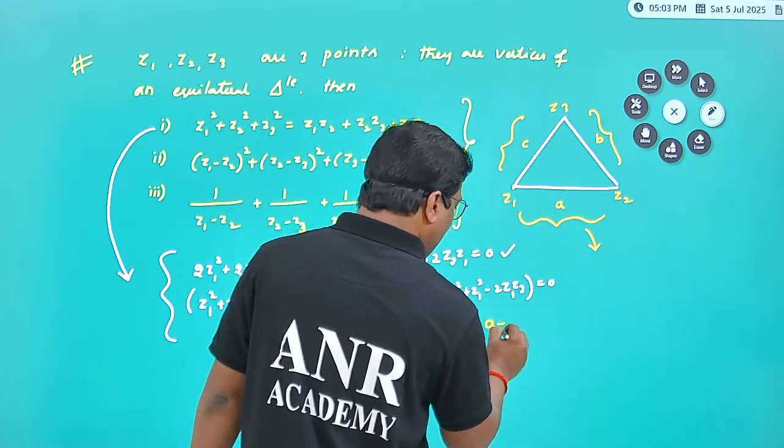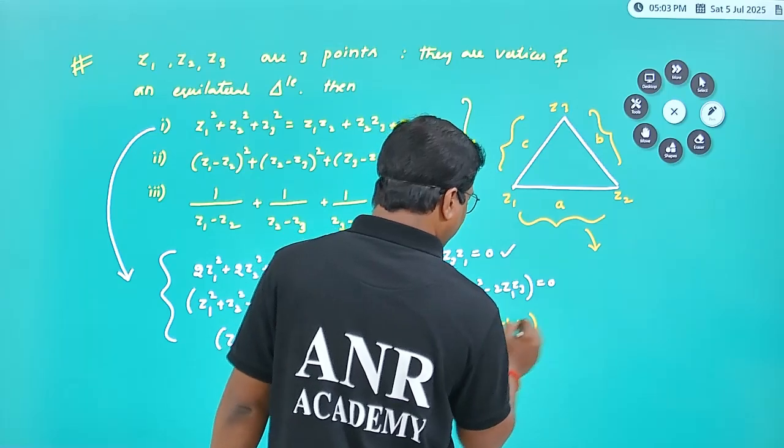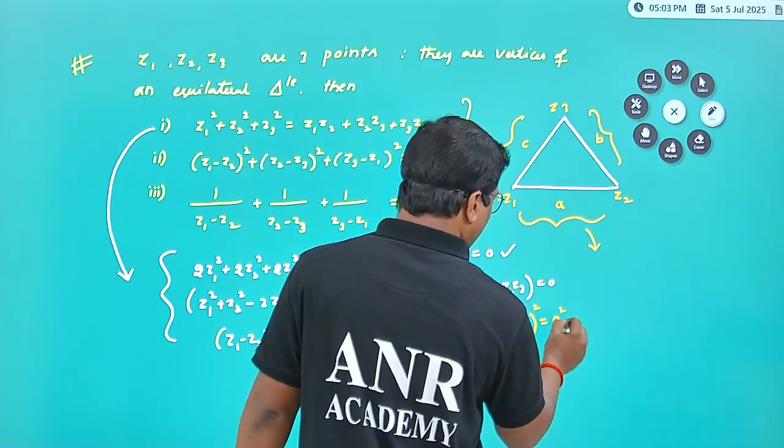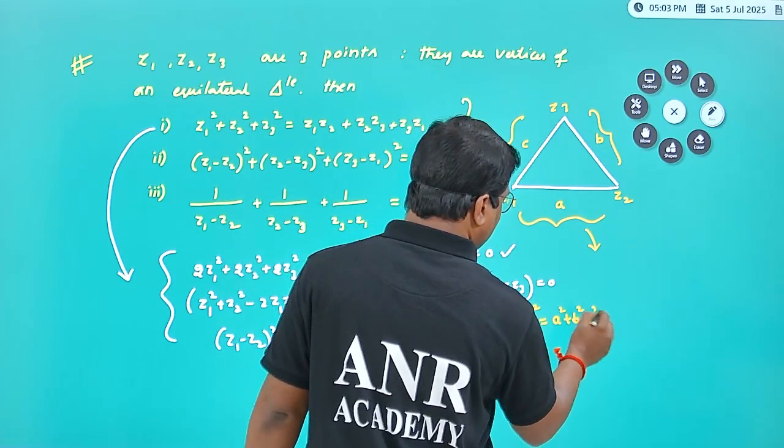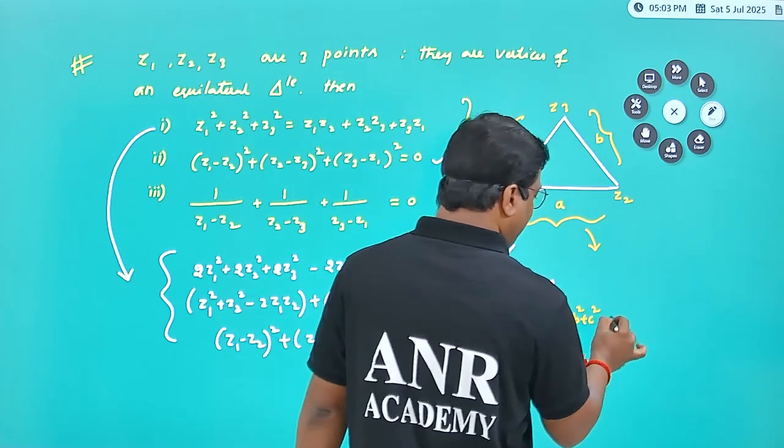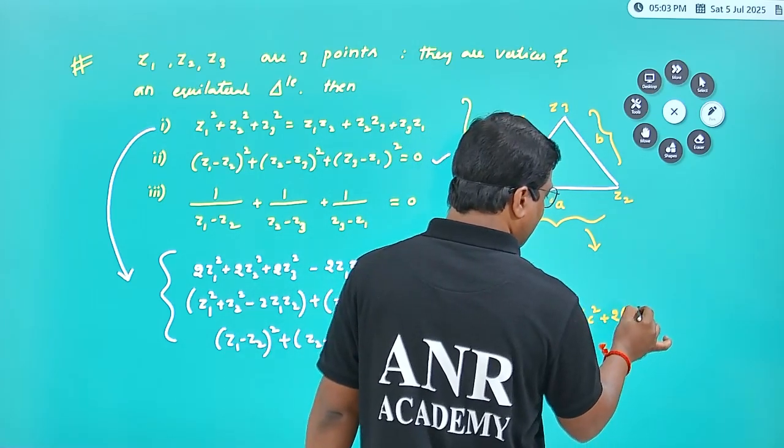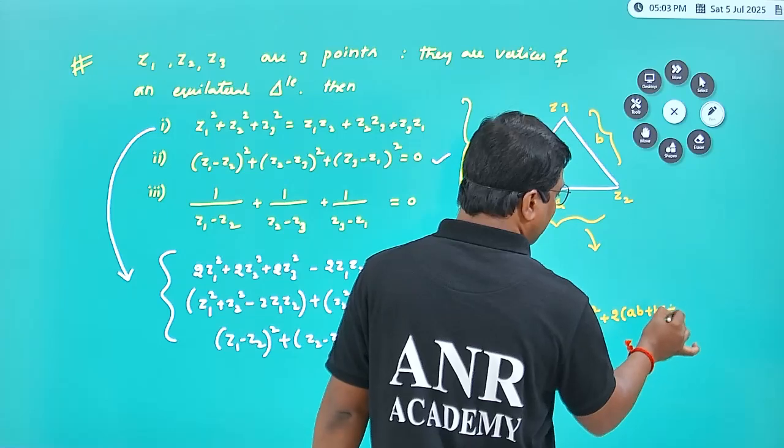You know that (a plus b plus c) whole square value a square plus b square plus c square plus 2 times of (ab plus bc plus ca).